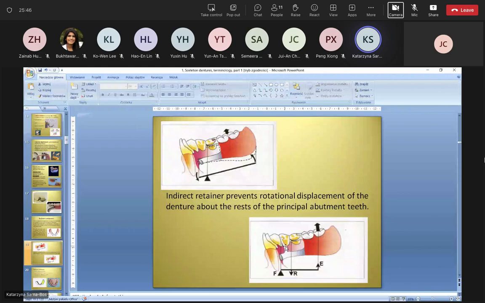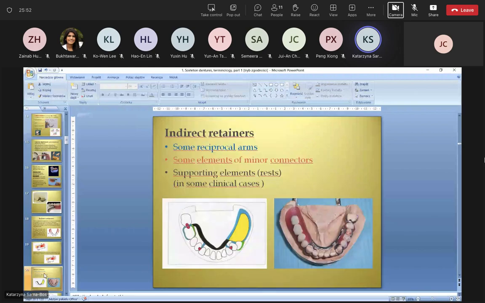Indirect retainers can be some reciprocal arms, so you see blue ones. So they can play the role of the indirect retainers. It can be also some elements of minor connectors, and also some supporting elements like rests in some clinical cases, as you see here.